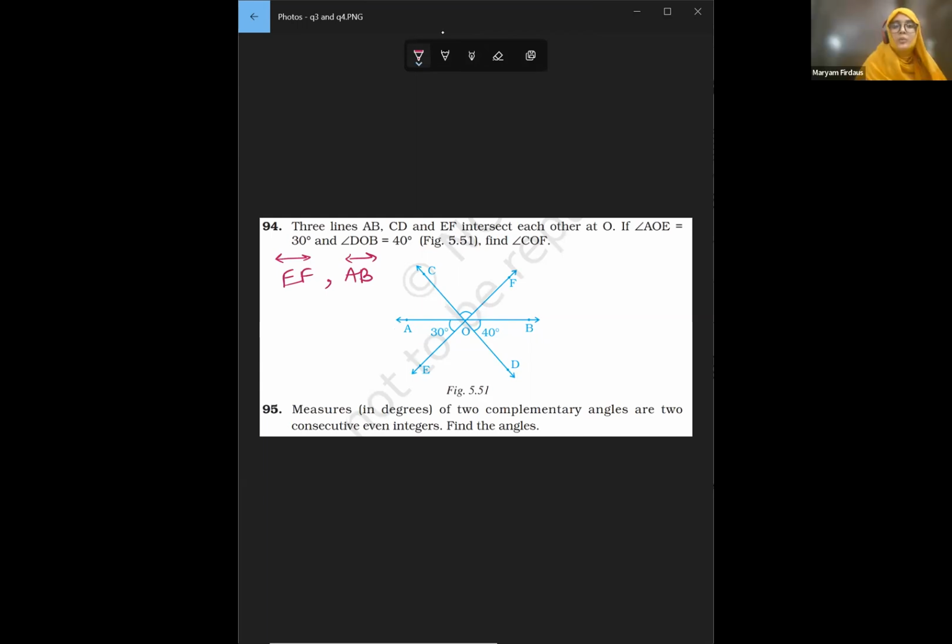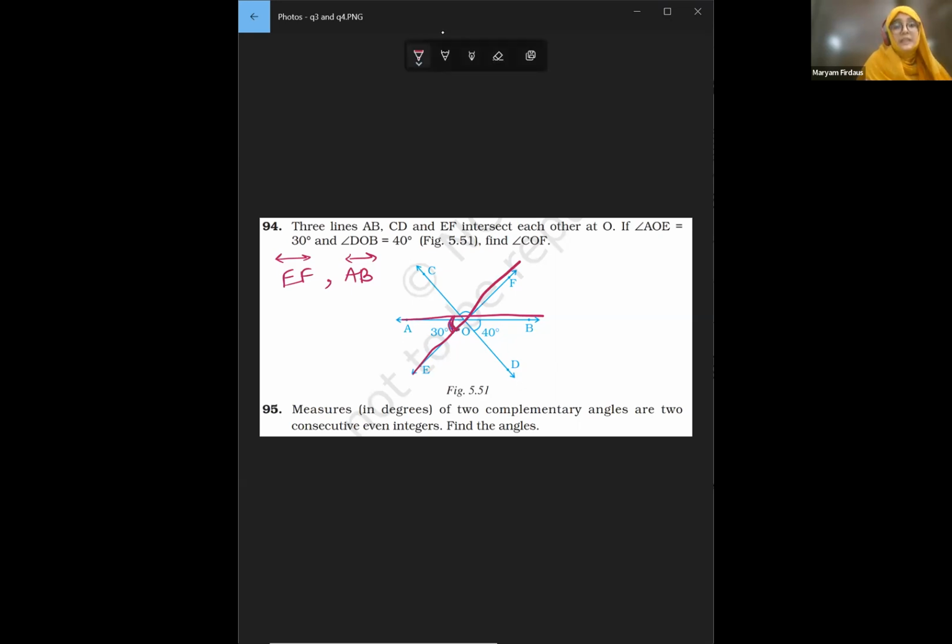We are talking about, wait, you have to find angle COF, right? Okay. See, just take a look at this, okay? These two lines, right? Forget about the third line for now. Look at these two lines. Your 30 degree is this one.